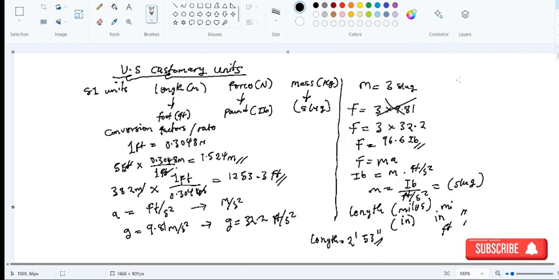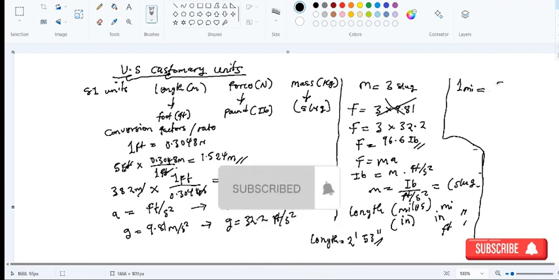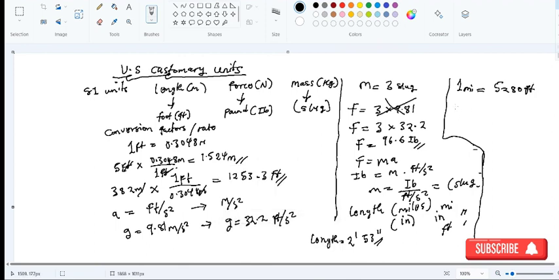Okay, so let's look at some conversion rates between miles and feet. 1 mile is equal to 5280 feet, and 1 inch is equal to 1/12 of a foot.